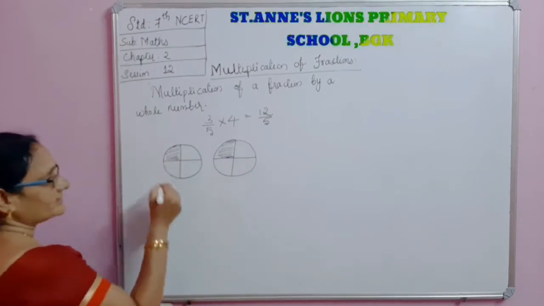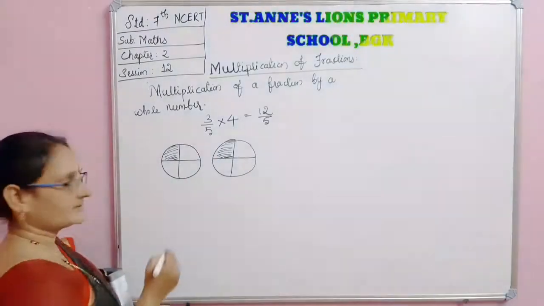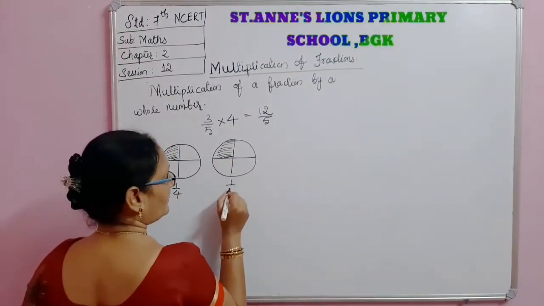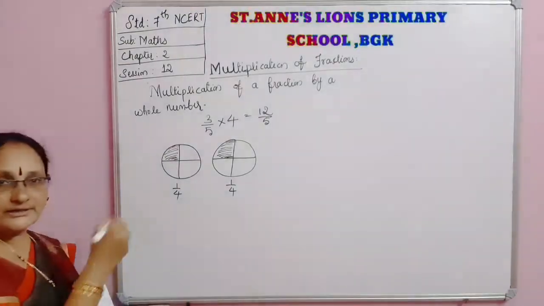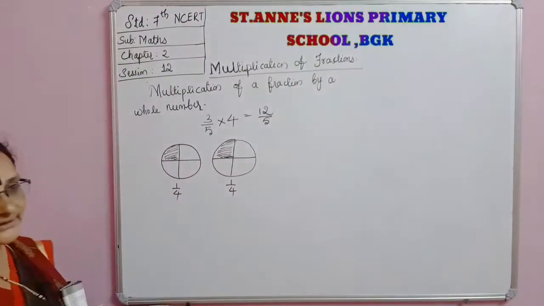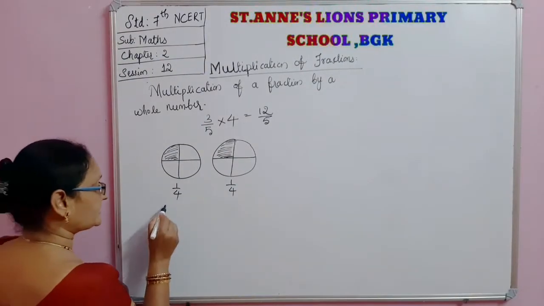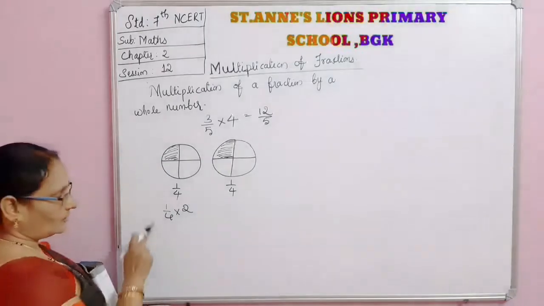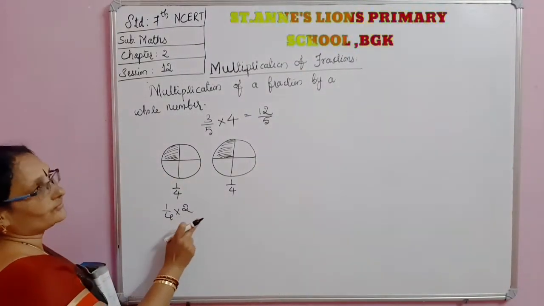How can you write the fraction for this shaded part? This is nothing but 1 by 4. Then, when we add these, how many 1 by 4 are there? Two 1 by 4. That means 1 by 4 into 2.